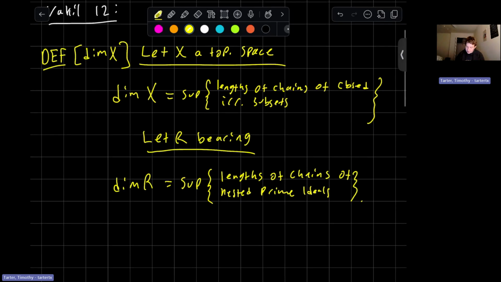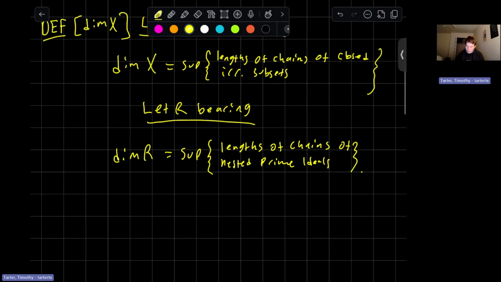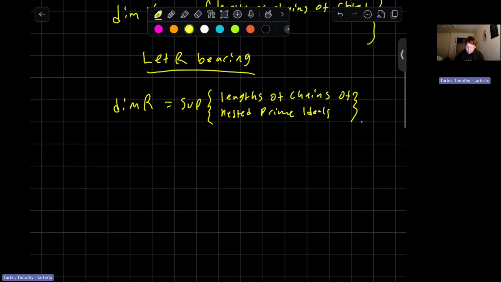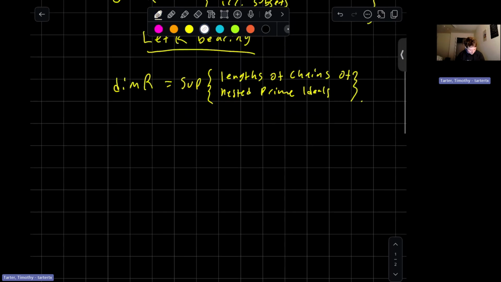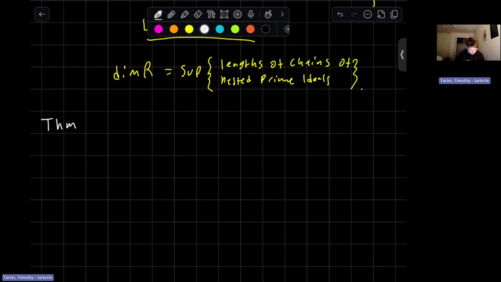These two definitions of dimension are sometimes called Krull dimension. And from this definition we get some easy theorems. Namely, dim Spec A is dim A.